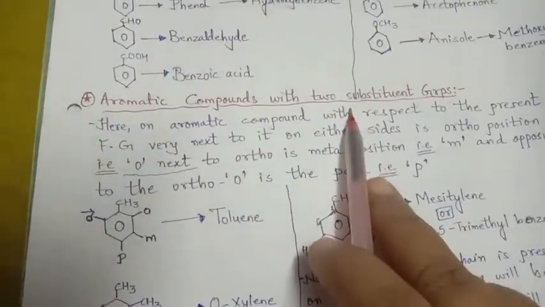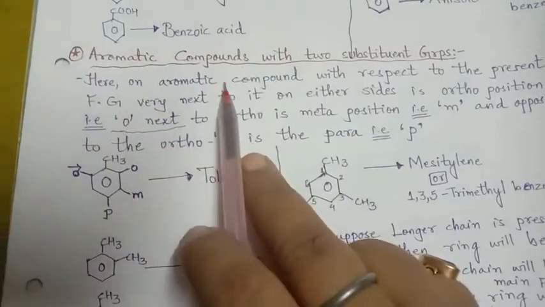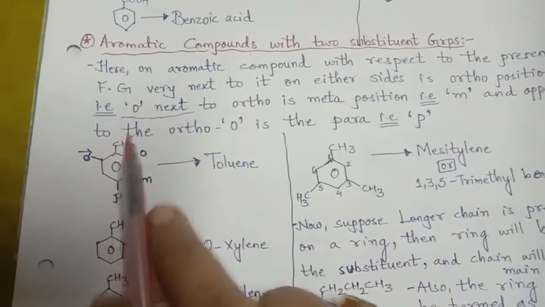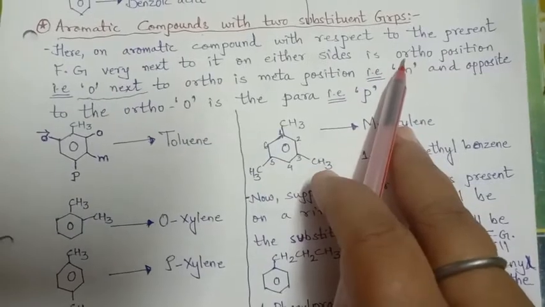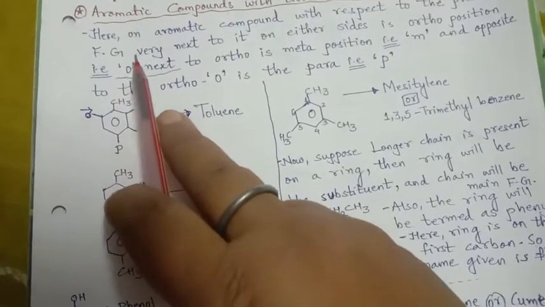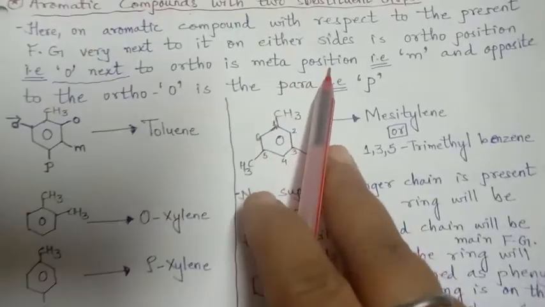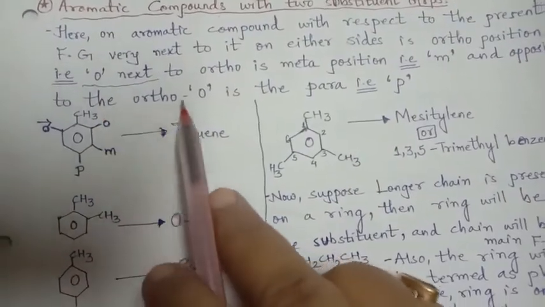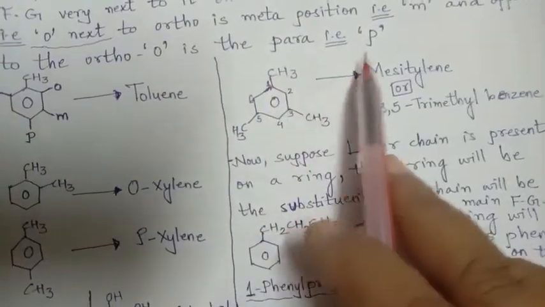Now we will see aromatic compounds with two substituent groups. Here, with respect to the present functional group, whatever group is present, the position very next to it on either side is considered the ortho position, abbreviated or symbolized as O. Next to the ortho is another position, the meta position, symbolized by M. And still one more position, the para position, which is opposite to the group, symbolized by P.